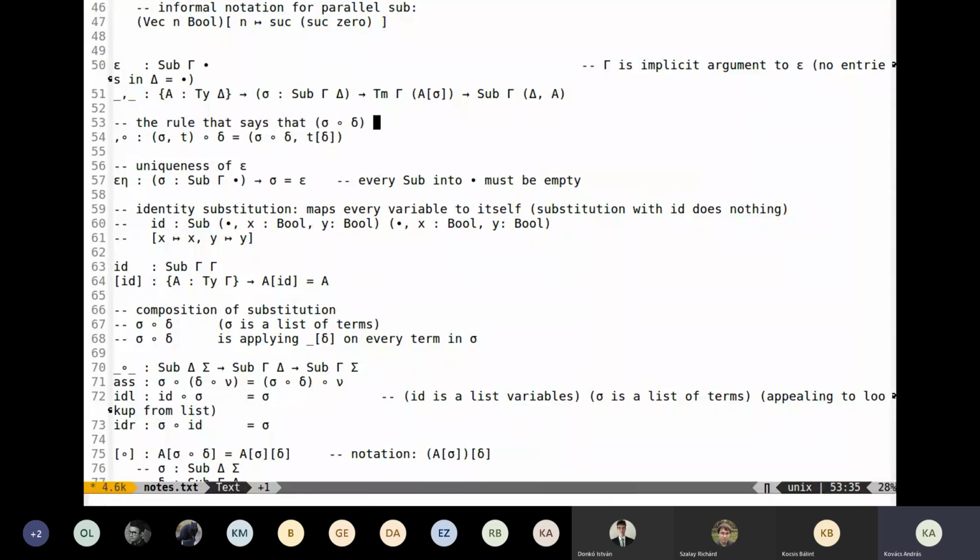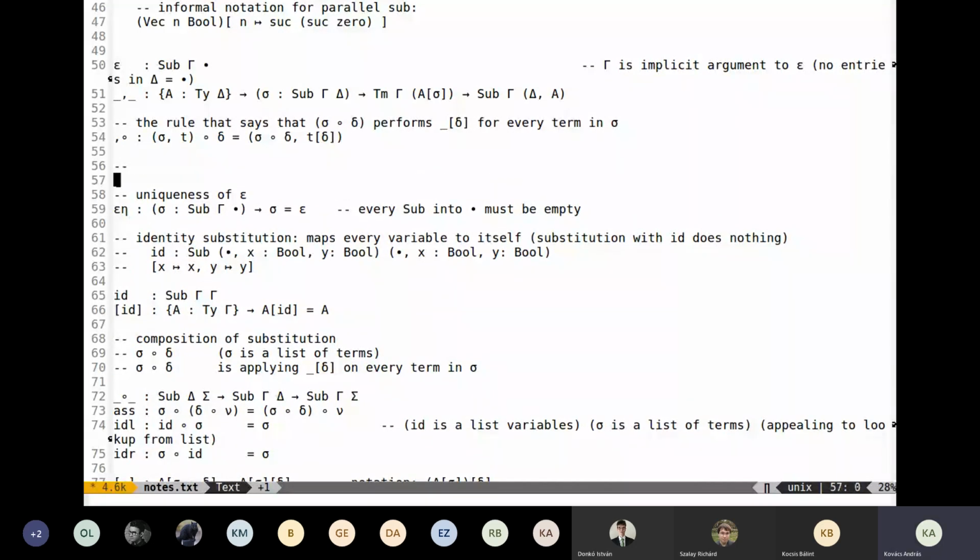Basically, sigma delta performs the delta substitution for every term in sigma. Because here we have an extended substitution like a list, and there is a term. So for the term, we perform the substitution, and then we recursively do this composition for the initial part of the substitution.